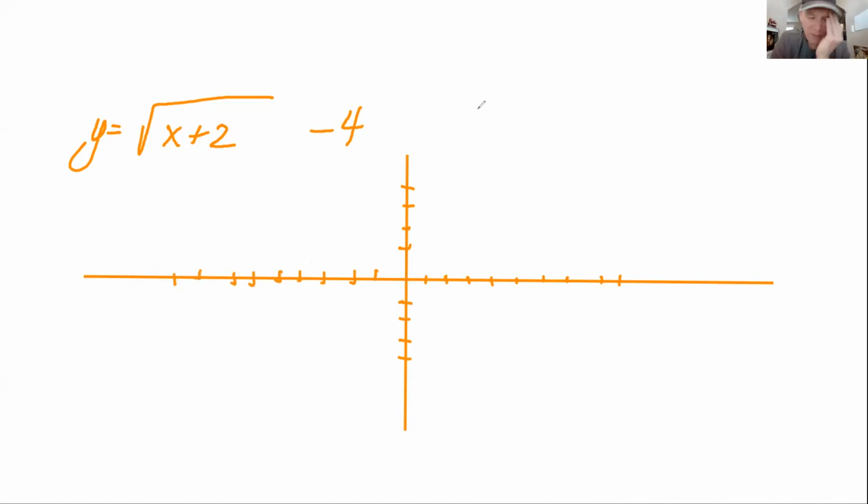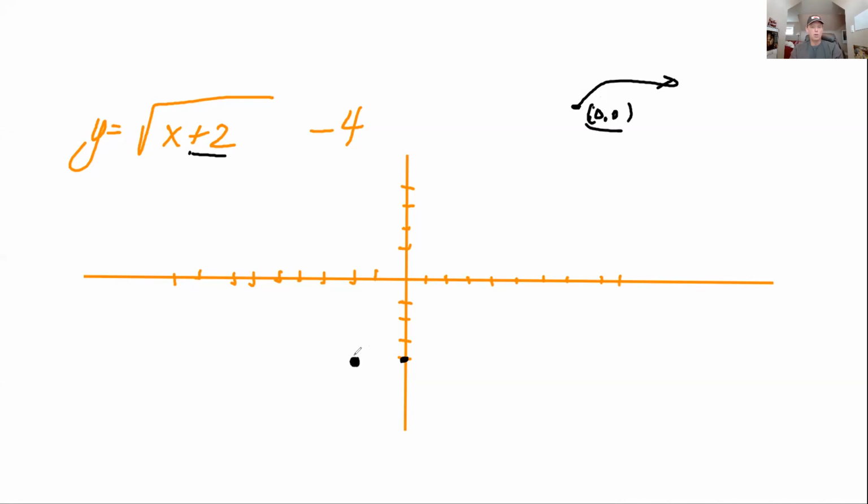But let's think about this. We know we have this general shape of a square root that starts at the point 0, 0. This minus 4 looks like it's going to drop me down to this point right here, right? But then there's a plus 2 in here, which is going to move me back.